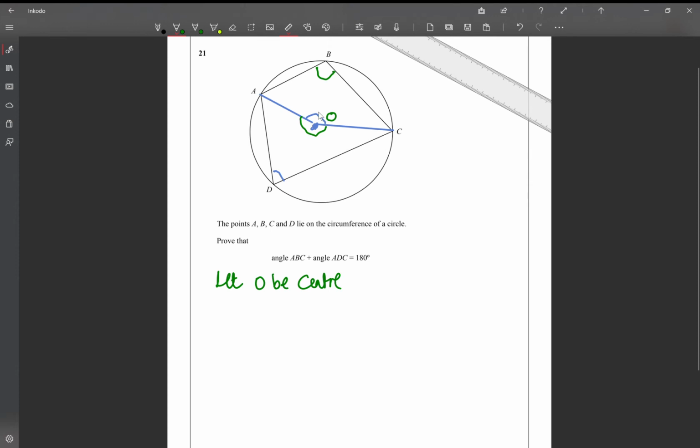I'm going to label this one Y, and this one X. So let ABC equal Y, and then I'm going to write this in blue just because it separates it. Let ADC equal X. Okay, so I'm just labelling it really.